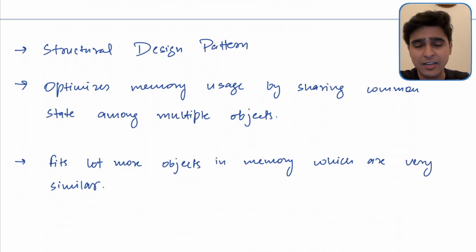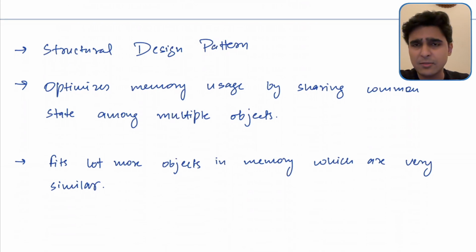Right now it seems like there are many objects which have a common state, and instead of each object having its own state, we want to create a separate one so that everyone can share it. Using this practice, it allows us to fit a lot more objects in memory which are very similar, as we have discussed above, that they have some commonality which we want to separate out from the object itself.